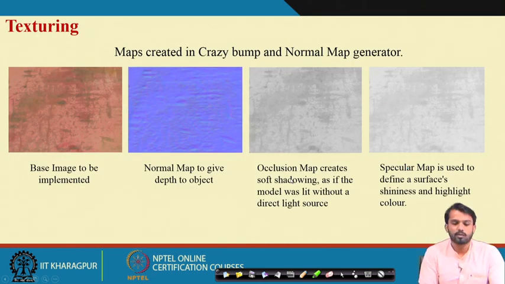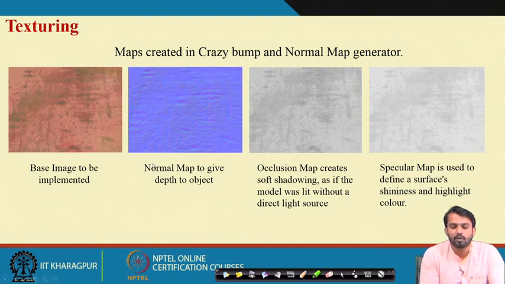Now the texturing part. For texturing, there are 4 kinds of things we have to look at. First, the base image to be implemented. Suppose you want to develop the texturing for a particular component. That means you have to take pictures of the component present in the real world environment. Then a base image of that component is to be implemented.